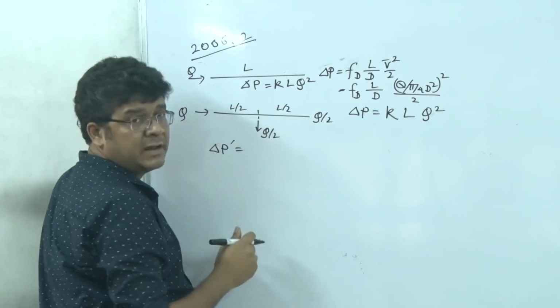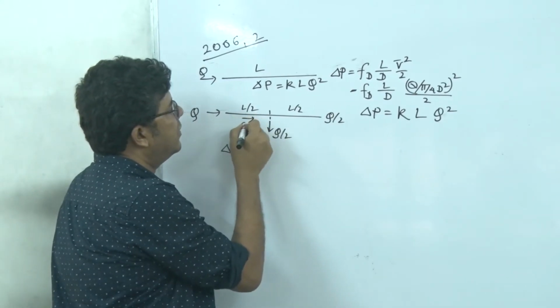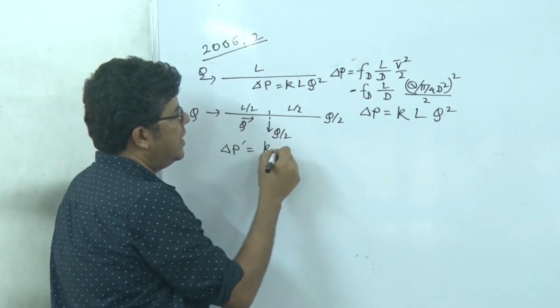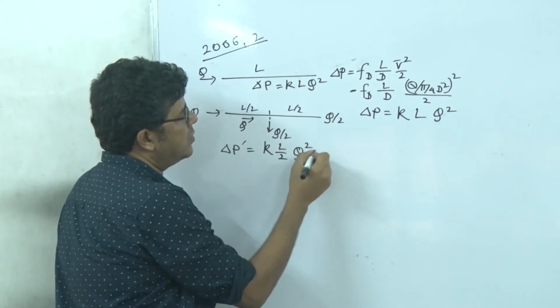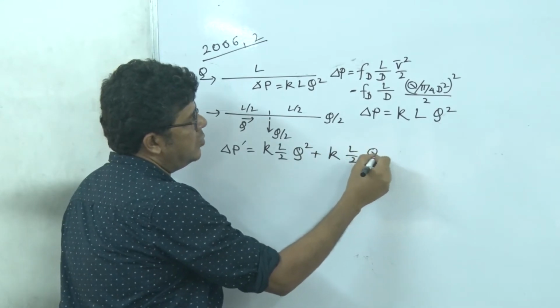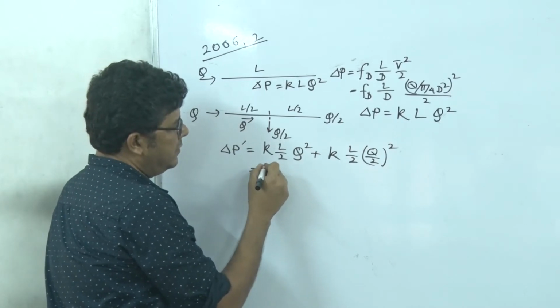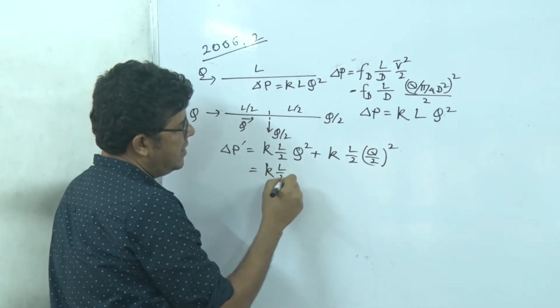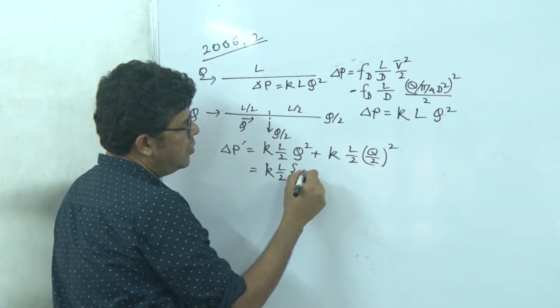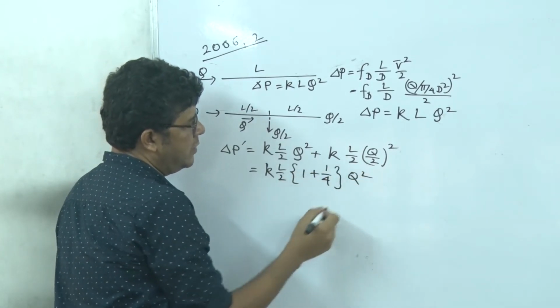So over the first L by 2 we have the flow rate Q, right? So K into L by 2 into Q square plus K into L by 2 into Q by 2 whole square. So it is K L by 2 into 1 plus 1 by 4, Q square.